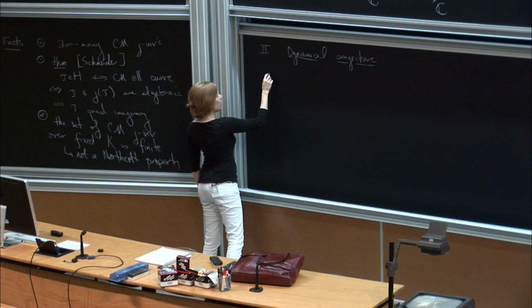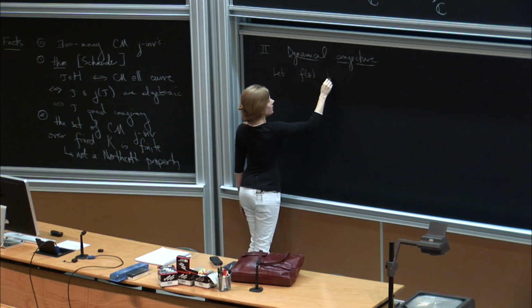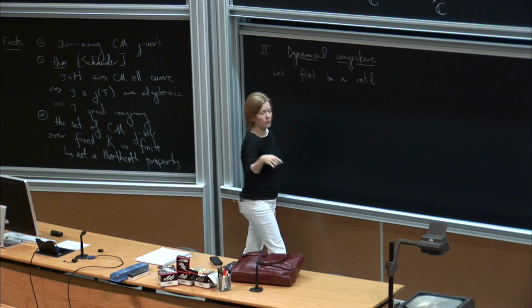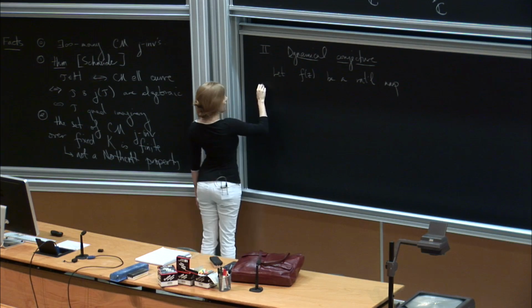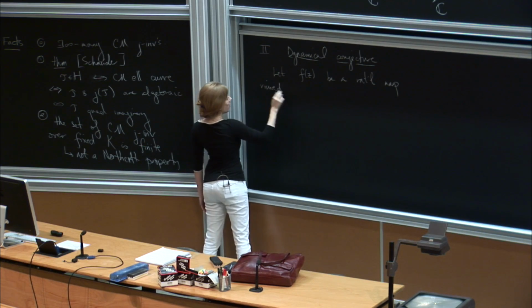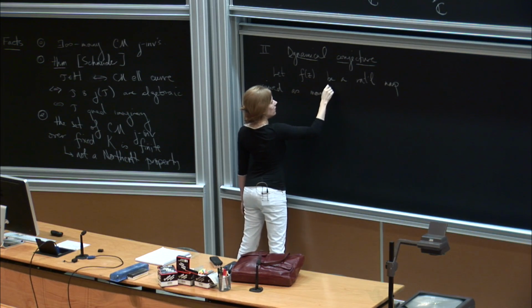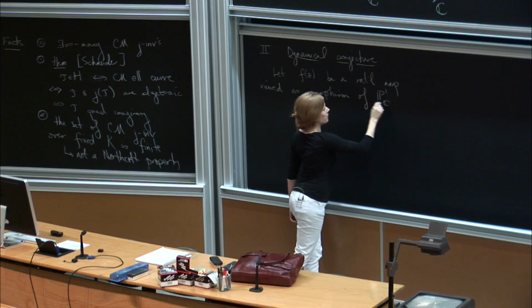So first of all, the dynamical setting that I'm considering is the following. Let, say, f of z be a rational map, by which I just mean a quotient of polynomials, viewed as a map of the Riemann sphere, or a morphism of P1, over the complex numbers.